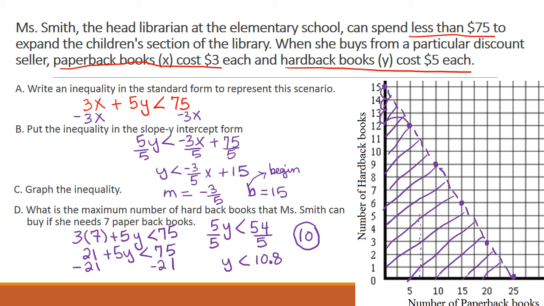So 7 on the x-axis is right here. And if we follow 7 to find out what the y value is, it's going to be closer to 11. But again, we're not including the numbers on the dotted line, so it has to be 10.